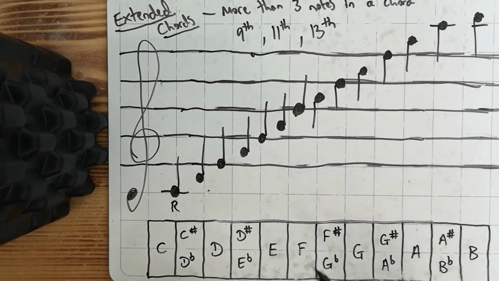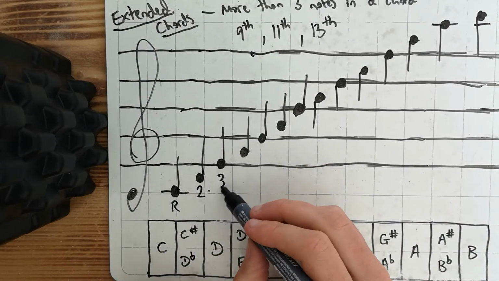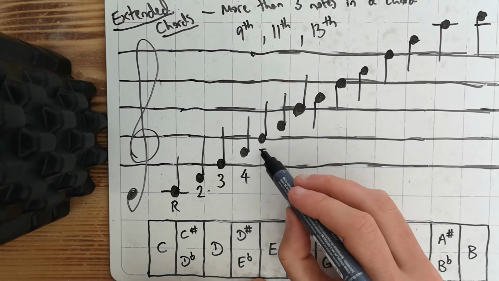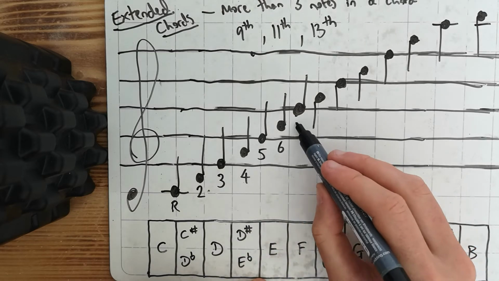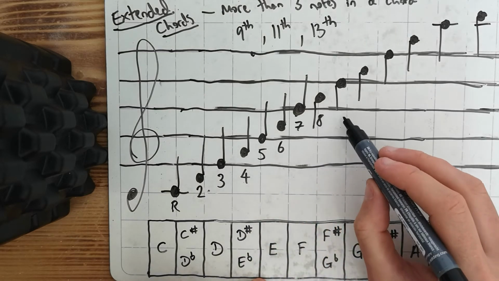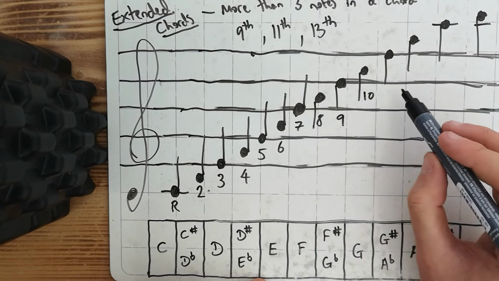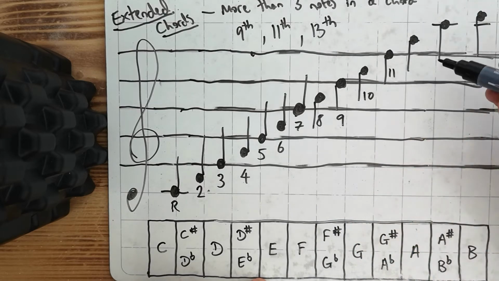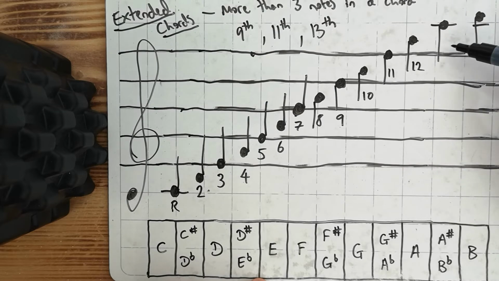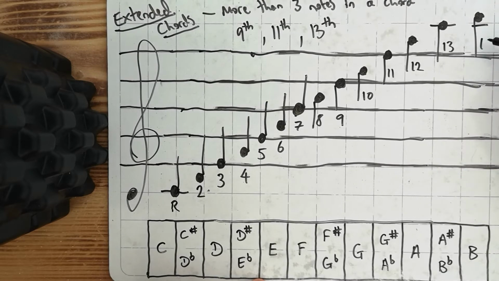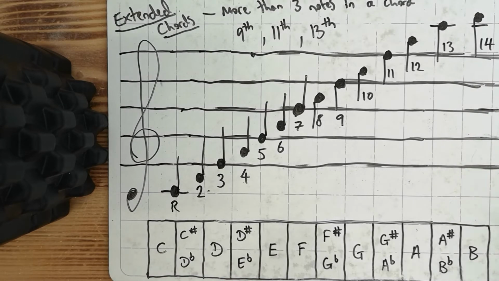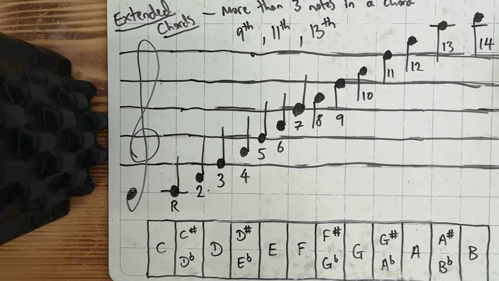So, here's my root, 2nd, 3rd, 4th, that's the 5th, 6th, 7th, 8th, 9th, 10th, 11th, 12th, 13th, and 14th. Okay, and that is B, and after that, it just becomes C again. Okay, which you can't even see.